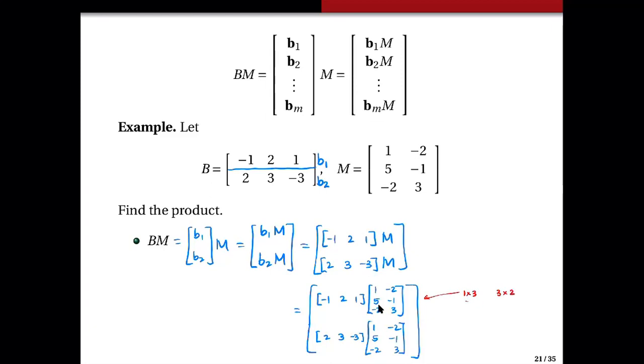So if you multiply, it will become 1 by 2. Similarly, this will be 1 by 2, and this will be 1 by 2. So you will end up with the same matrix as before.